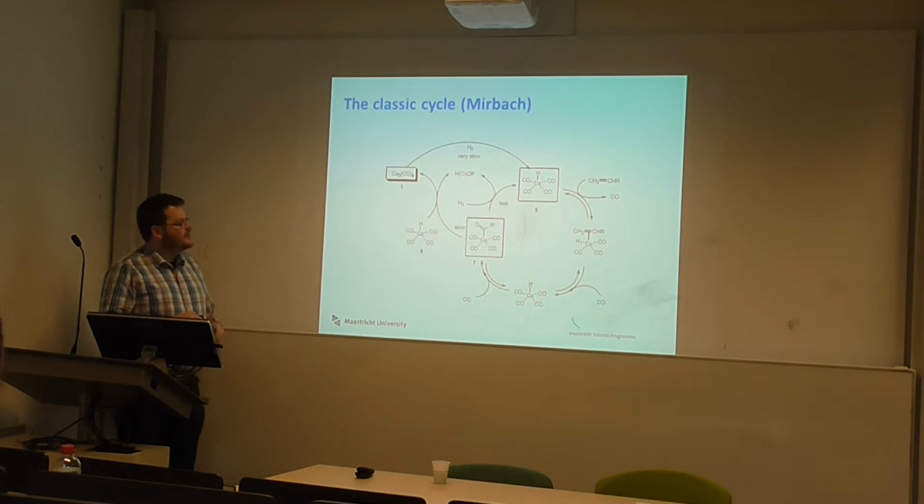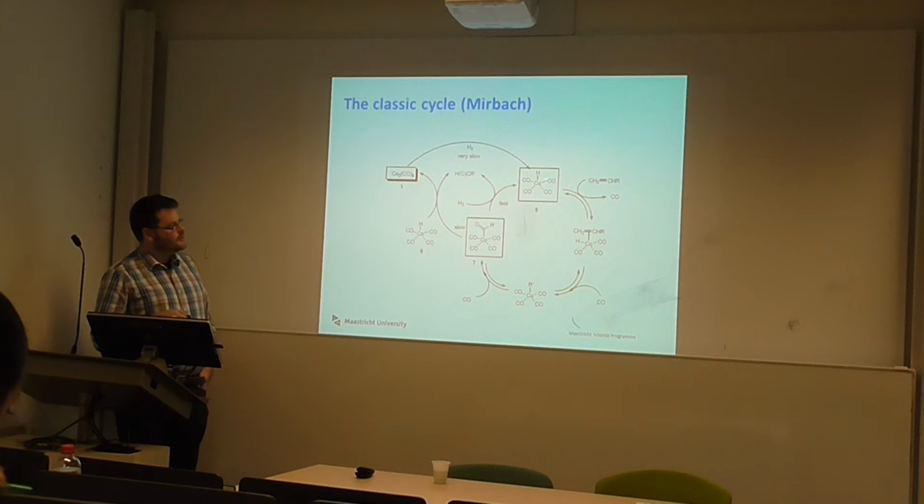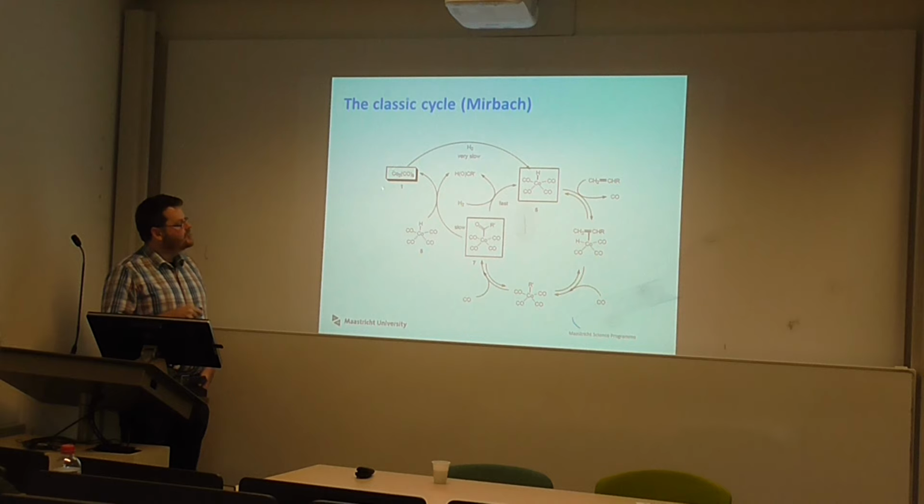Now, this is an extension of this catalytic cycle by Mehrbach, which incorporates the pre-catalyst. HCo(CO)4 doesn't exist in a bottle. It has to be generated somehow. So this is the active species. It is derived generally from this dinuclear cobalt compound, dicobalt octacarbonyl.